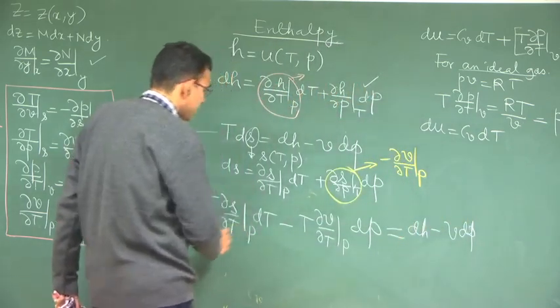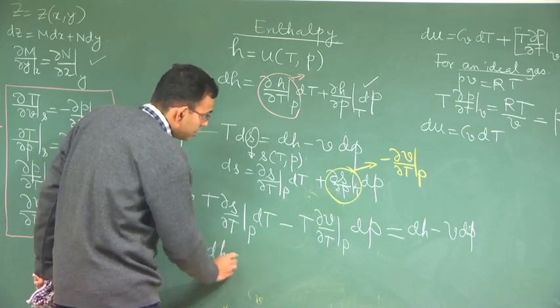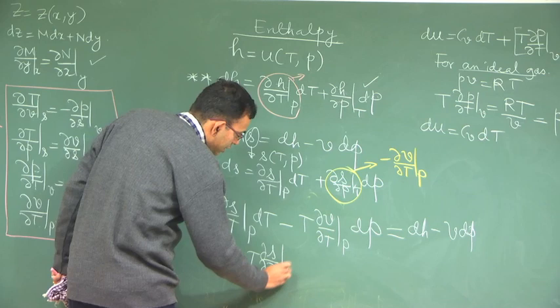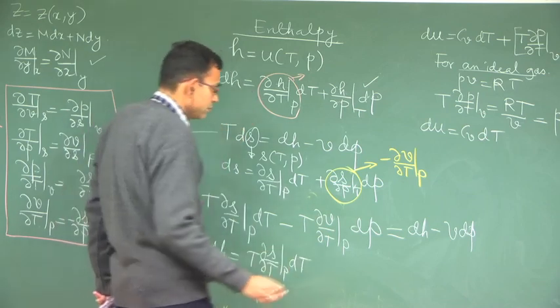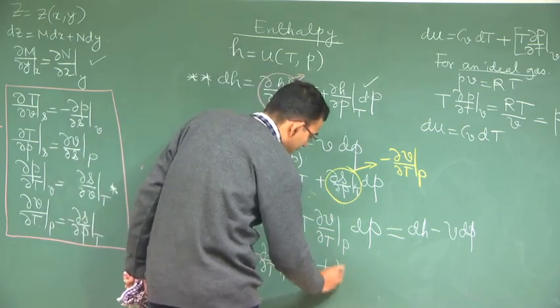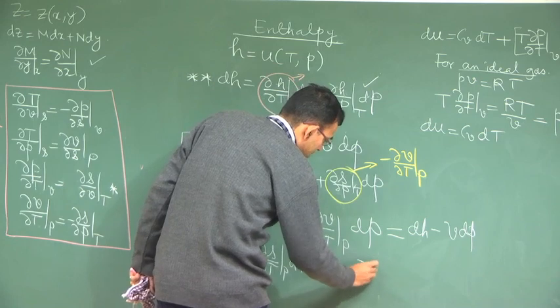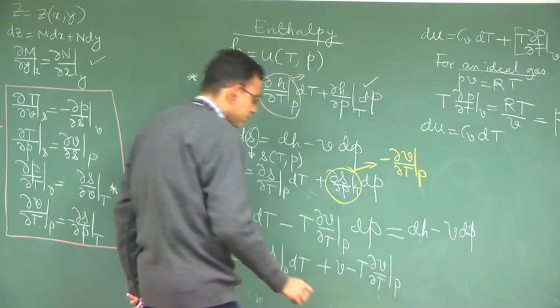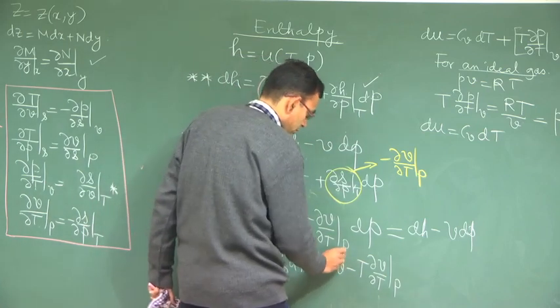So dH is equal to T del S del T at constant pressure dT plus V minus T del V del T at constant pressure into dP.